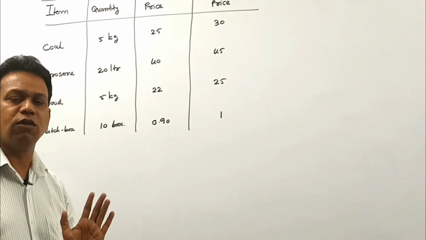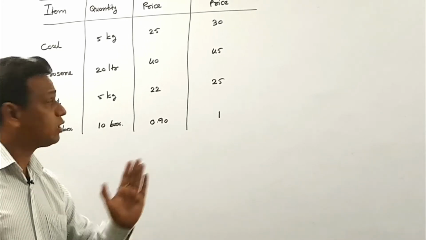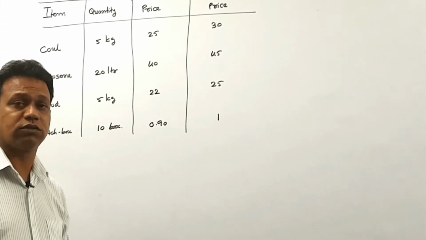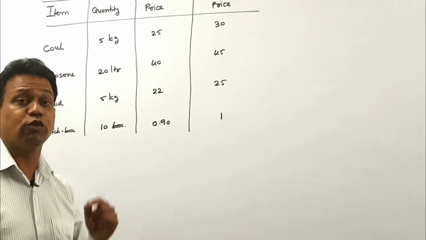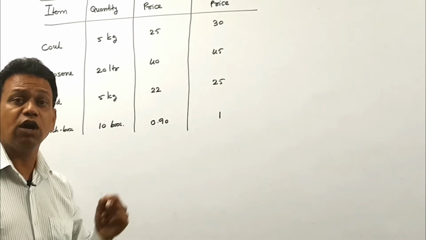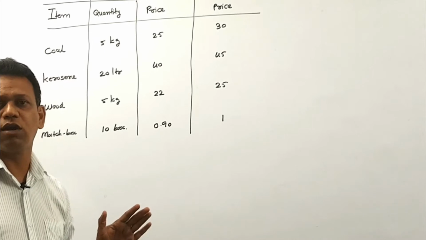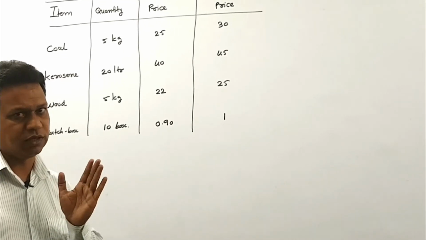We are able to solve the examples directly, because there is no column of unit. If there is a column of unit, there is an instruction that we have to equalize units, the measure of units for each commodity. But for this example, there is no separate column of unit, so we continue with the example.